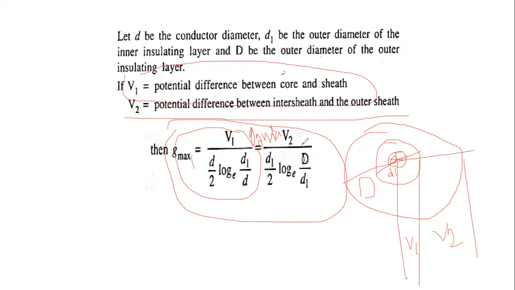Where V2 is the potential difference between the inner sheath and the outer sheath, d1 is the outer diameter of the inner insulating layer, and capital D is the outer diameter.